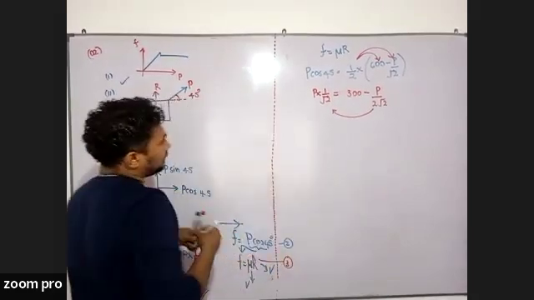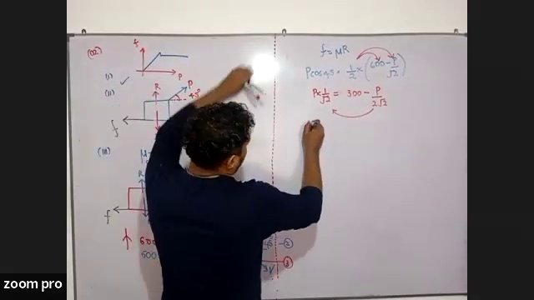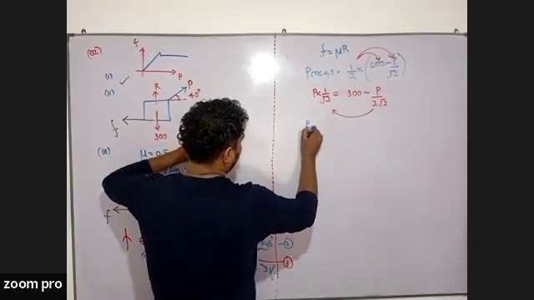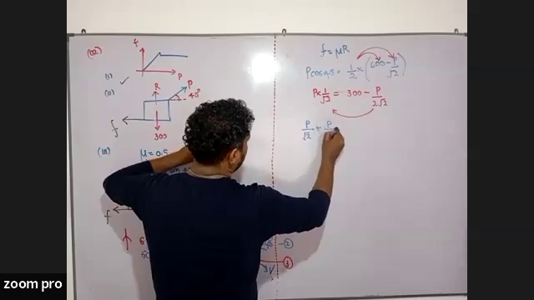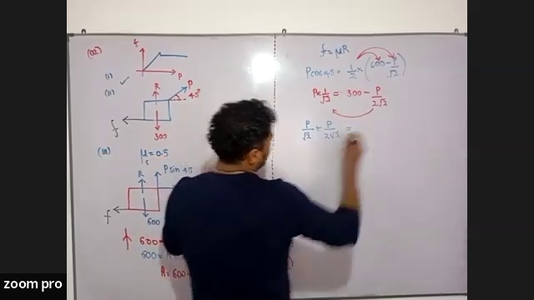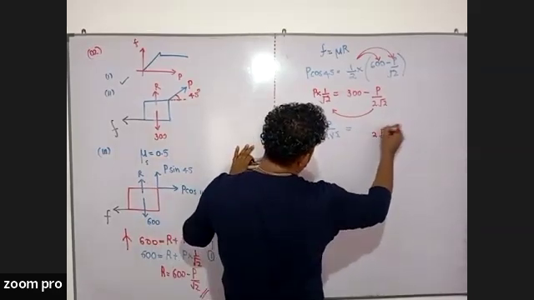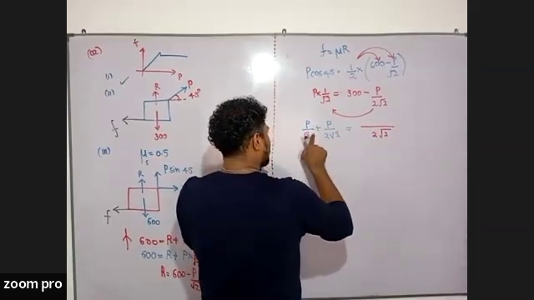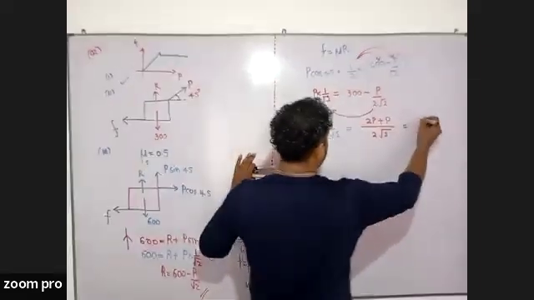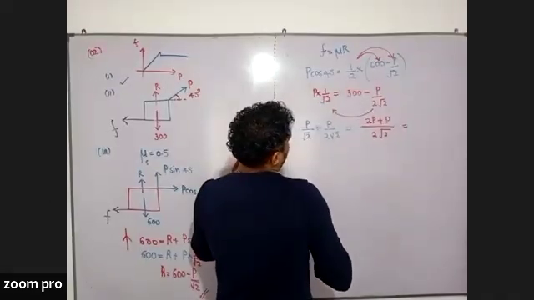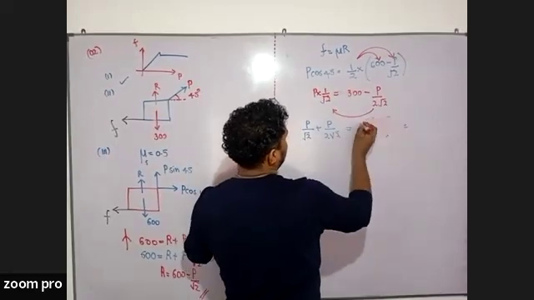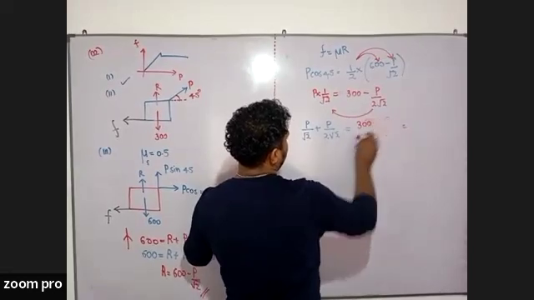Right. Then P over root 2 plus P over 2 root 2. So if I consider the common denominator as 2 root 2, this one should be multiplied by 2 as well as the P. So it should be 2P plus P. Then, guys, we can assume that it's equal to 300.